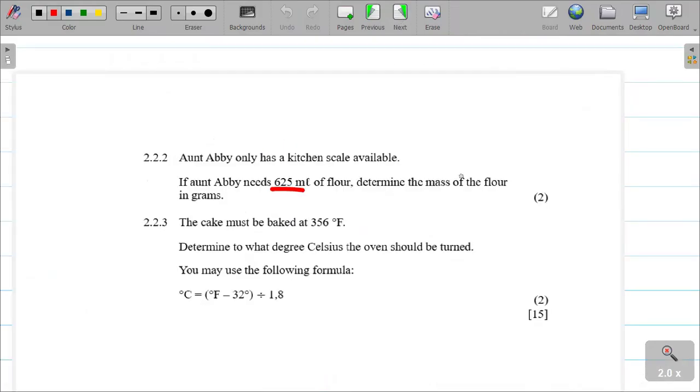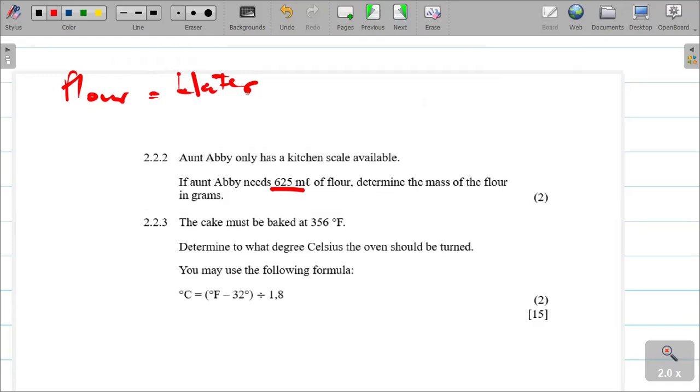We are supposed to use a conversion factor. We are saying the flour is equal to water in order for us to understand this. So the water density is the same as that of the flour.